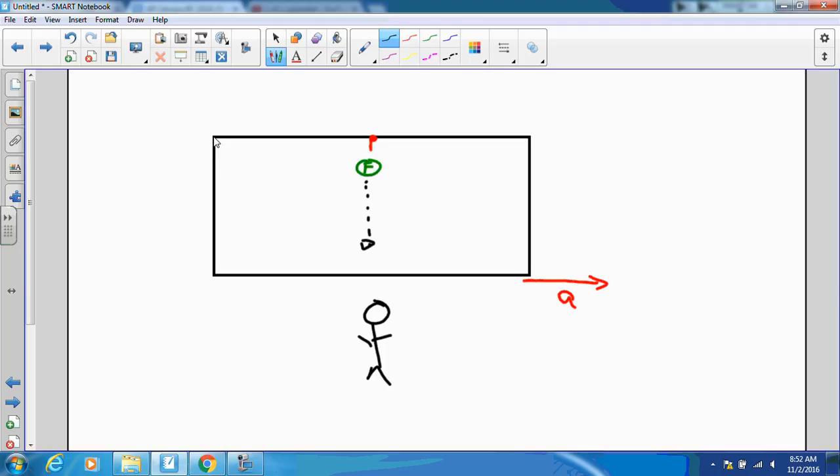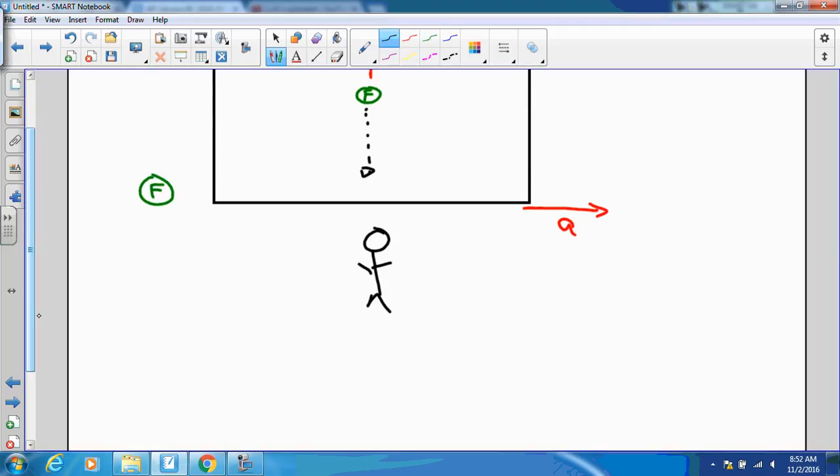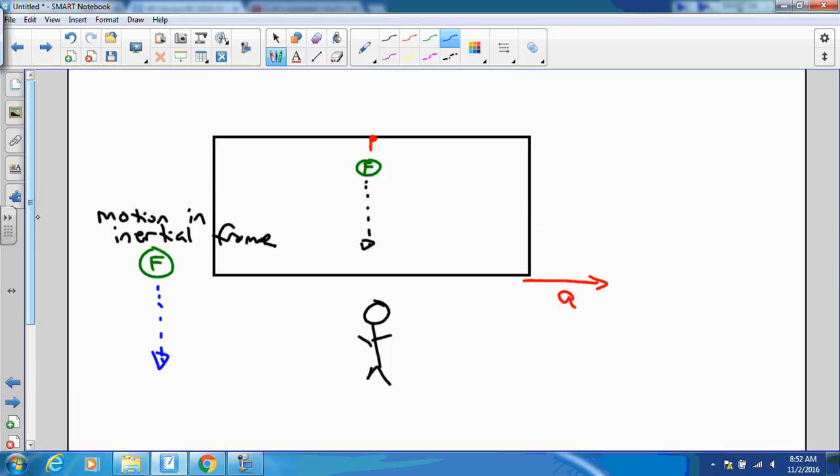So the motion of the frog in an inertial reference frame, that is, we're treating the ground as an inertial frame, the motion in the inertial frame is simply going to be straight down, just like that.